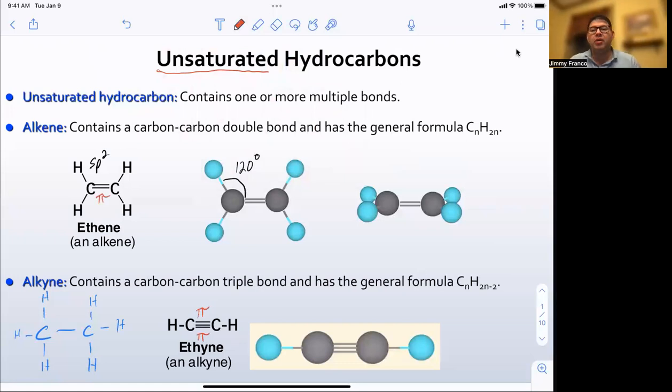All right, so remember, the first bond made between 2 atoms is a sigma bond. Each additional bond is a pi bond. And then the hybridization of the carbon would be sp. And then the bond angle is 180. So kind of building on what we've already seen, right? We've kind of seen these molecules a little bit, and now we're just going to dive into them a little bit more deeply.